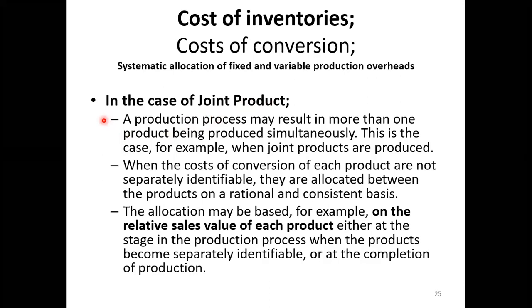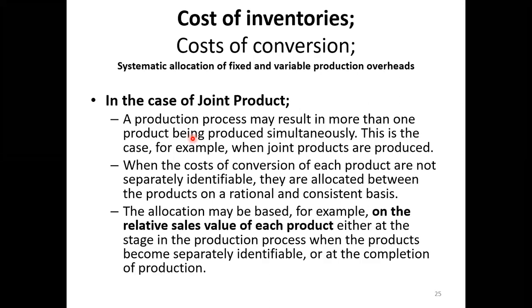Right. In the case of joint products, a production process may result in more than one product being produced simultaneously. This is the case, for example, when joint products are produced and the cost of conversion of each product is not separately identifiable, so it is allocated between the products on a rational and consistent basis.